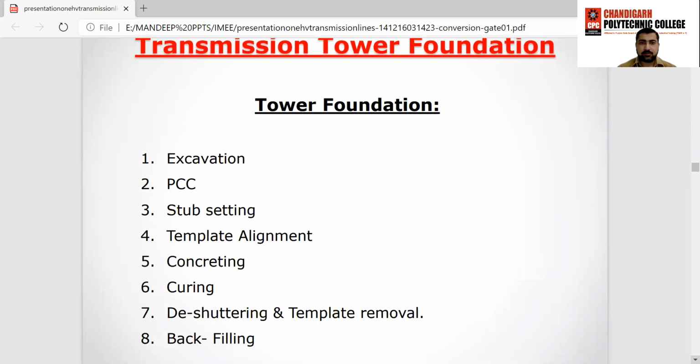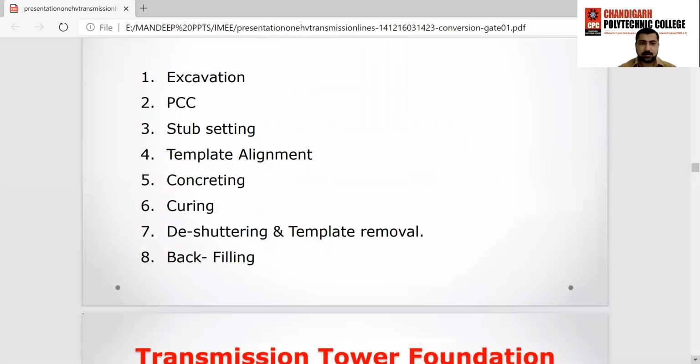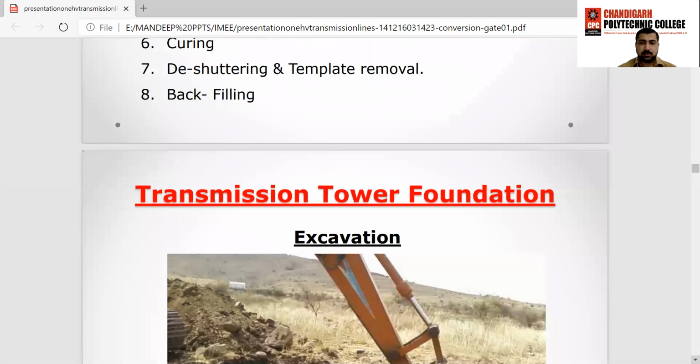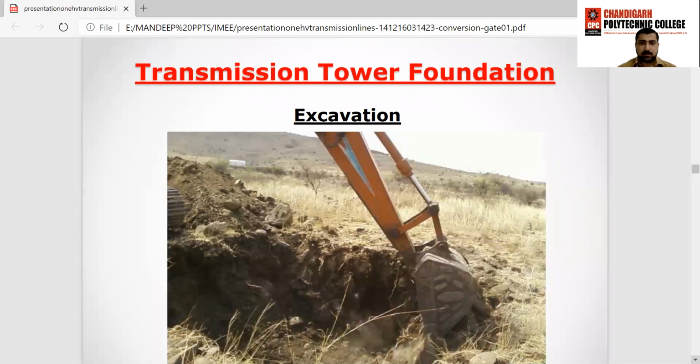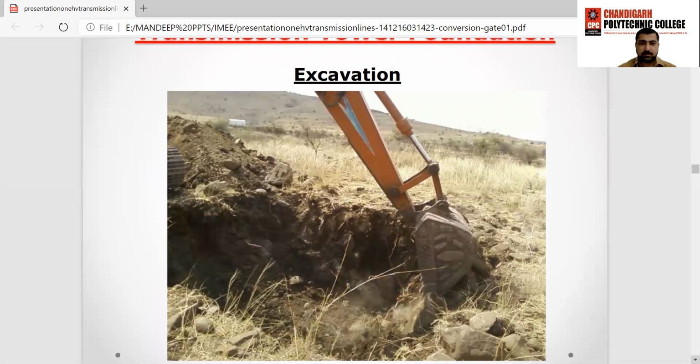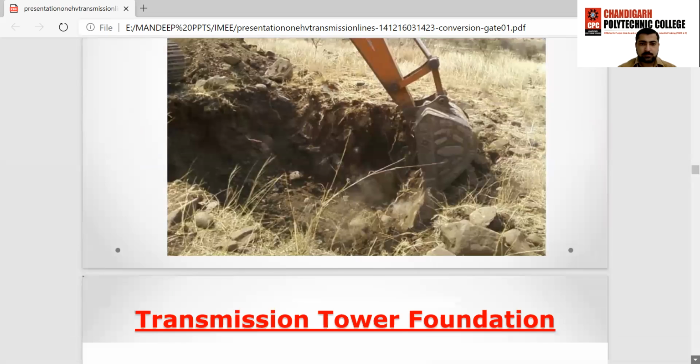Here are some tower foundations. The first step is excavation, then PCC, stub setting, template alignment, concreting, curing, de-shuttering and template removal, and the last one is backfilling. Let us start with excavation. Excavation means to dig the soil for the plinth of the tower.